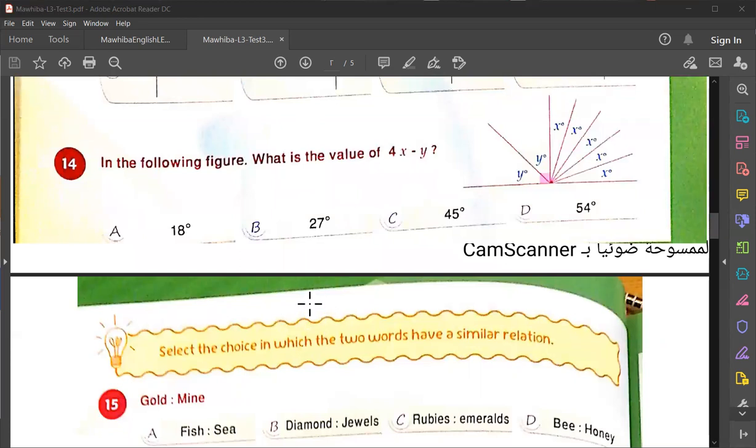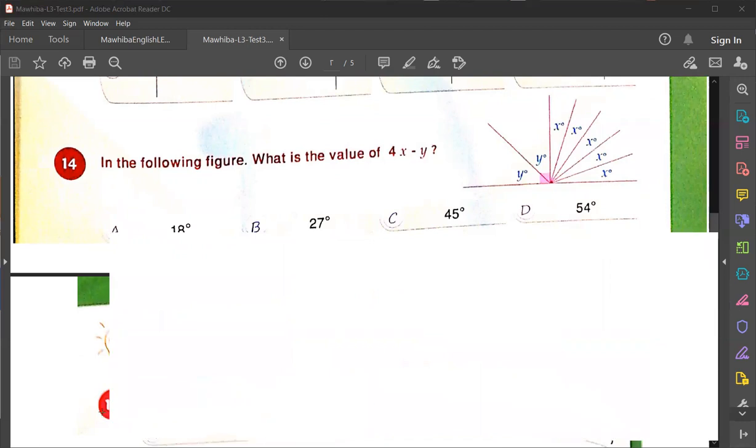Okay, now number 14, that's the last question in mathematics. In the following figure, what is the value of 4x minus y? When I want to find the answer of this question, you must also find x here.